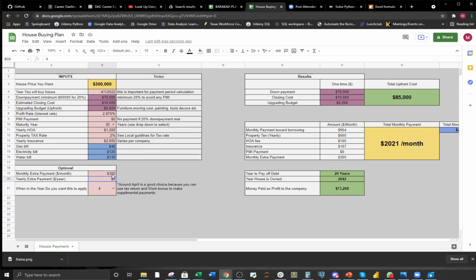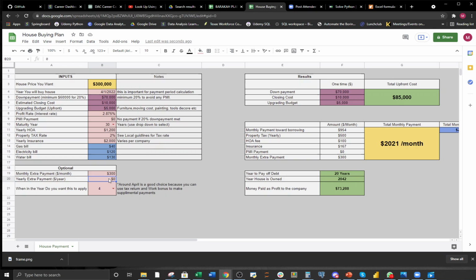And also pay attention to this number at 73,000. If you put zero, they're actually making almost $40,000 more by letting you borrow their money. So the earlier you pay off, the less you will pay in profits to that company. And then this one, yearly extra payment, is because you're going to be paying it in lump sum, just one time each year.